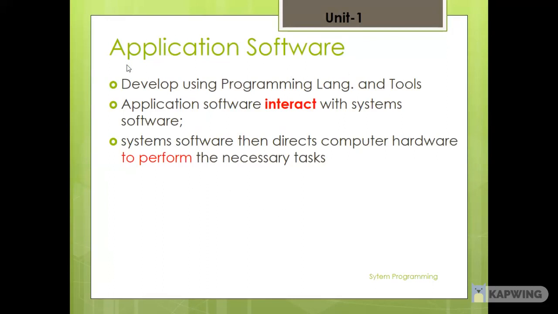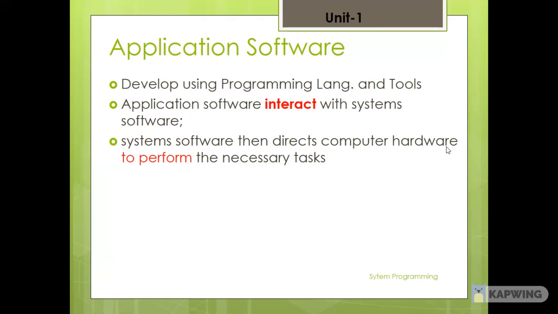Suppose I go for a banking application. I can develop that application in Java as a front end, with different types of databases at the back end. Then for a hospital management system, I can develop that project in .NET.